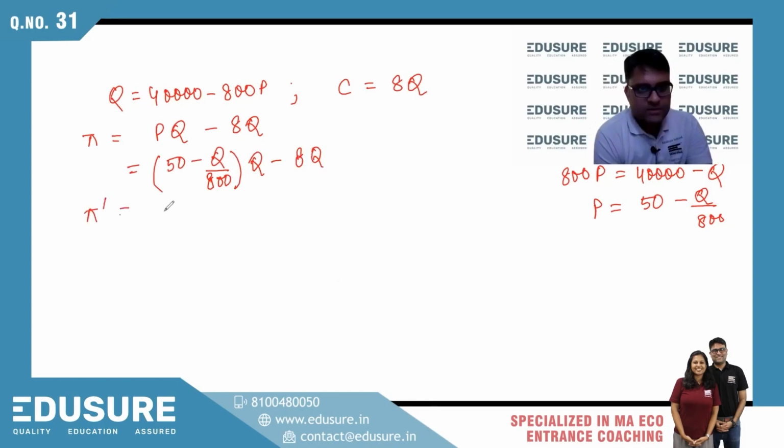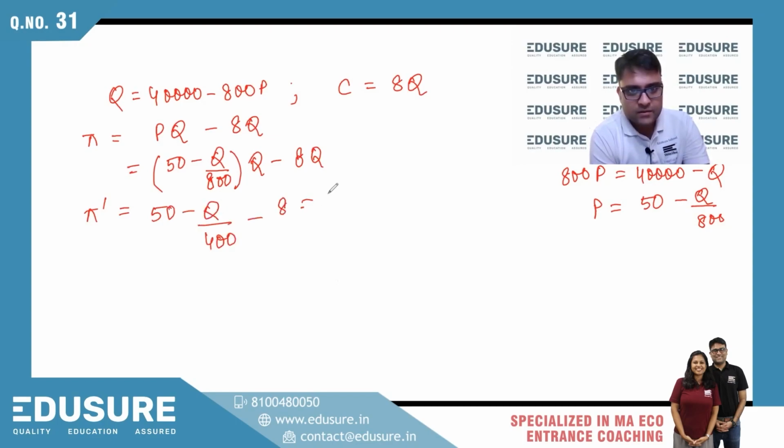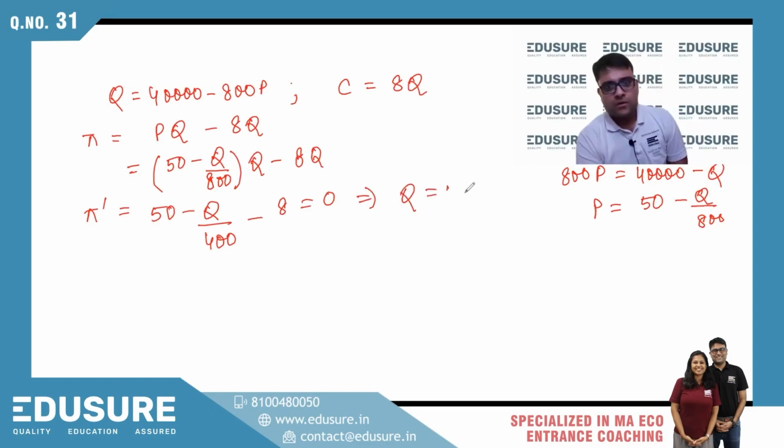So maximizing the profit, 50 minus Q by 400 minus 8 is equal to 0. Q is equal to 42 into 400, 16,800.